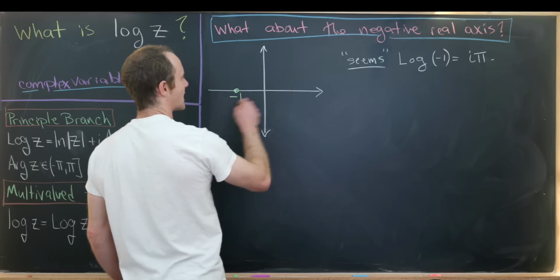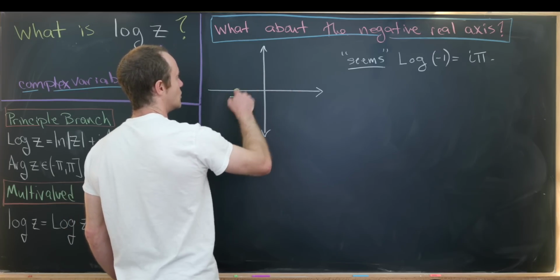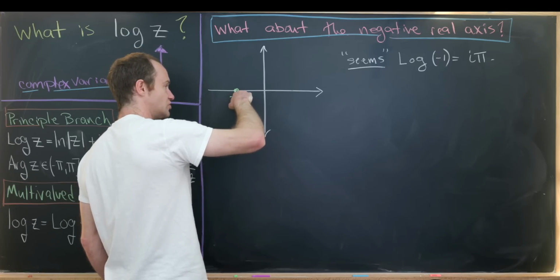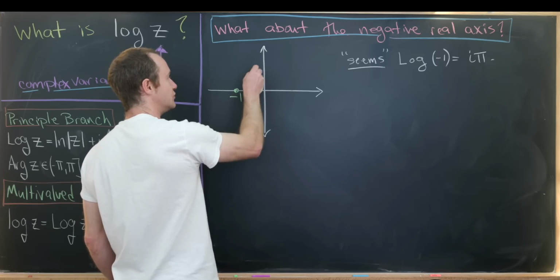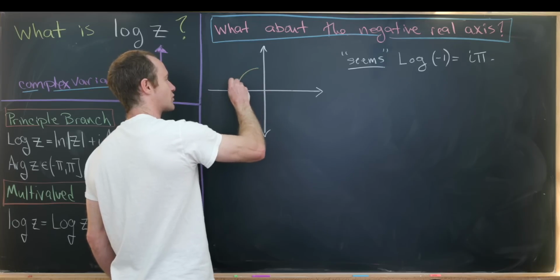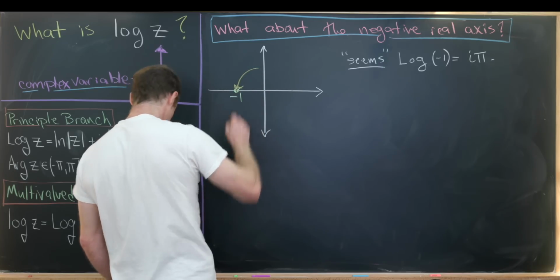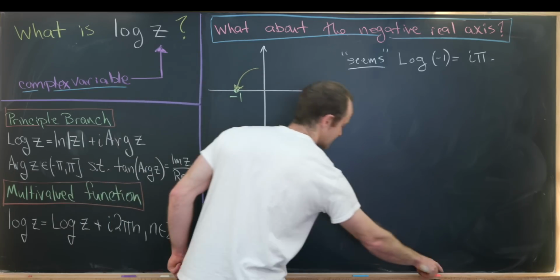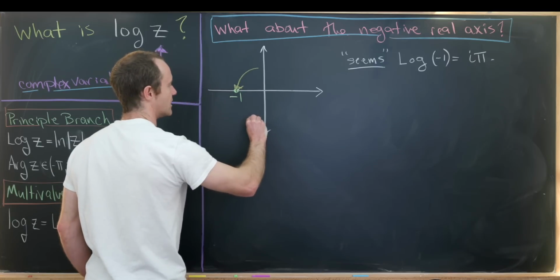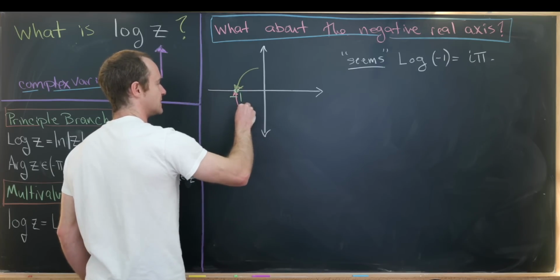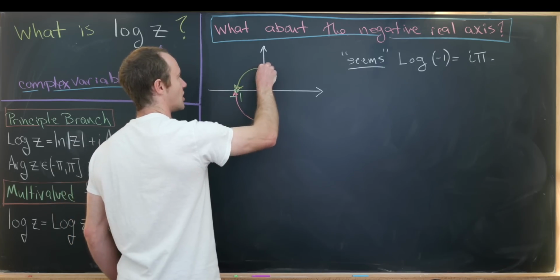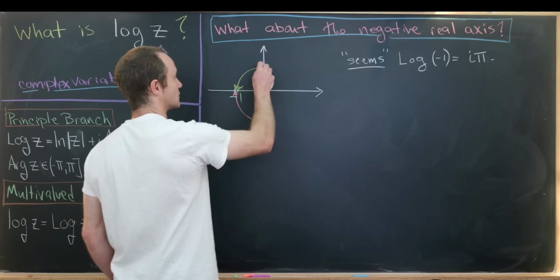Let's think about an arc of a circle which is approaching -1 from 2 directions. Let's approach -1 from this direction and compare that to approaching -1 from this direction. And let's approach along a circle with radius 1.